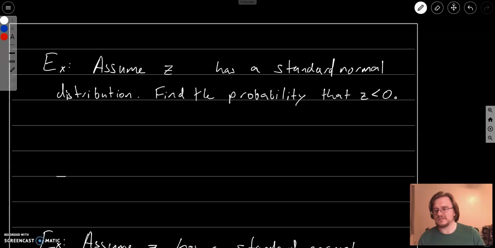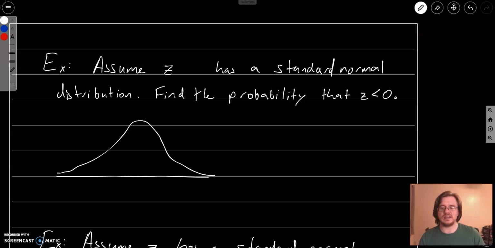So first things first, I like to draw pictures. I think these really help with normal distributions, even if my picture isn't very good. So we know that this normal distribution, the mean is going to be 0, and our standard deviation is going to be 1. So what we want to do is find the probability that Z is less than 0.